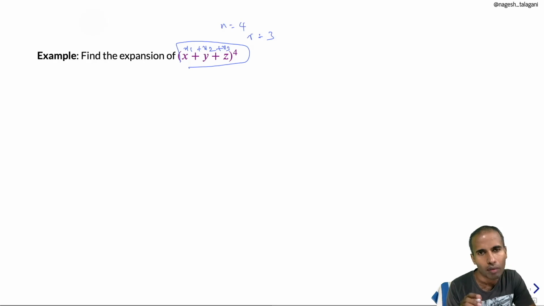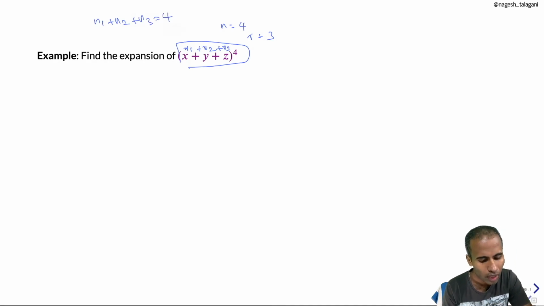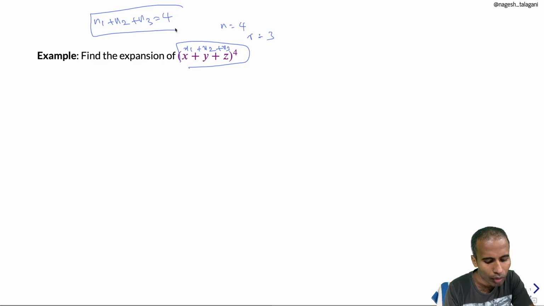Okay, we know that for every non-negative integer solution of this equation there will be one term. How many non-negative integer solutions does this equation have? n plus r minus 1 choose r minus 1, right? So 4 plus 3 minus 1 choose 3 minus 1. This is going to be 6 choose 2.